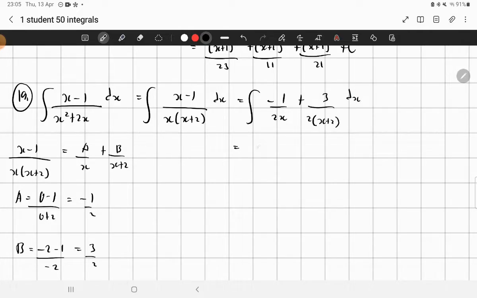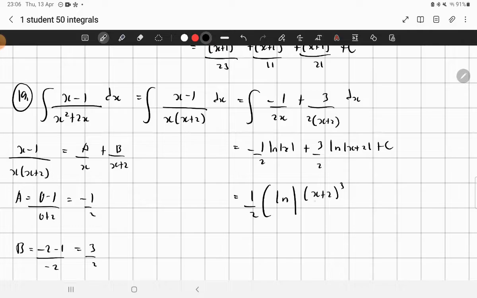So just integrate as usual: negative 1 over 2 ln of absolute value of x, plus 3 over 2 ln of absolute value of x plus 2, plus c. Alright, I could factorize 1 over 2, and by using the properties of logarithm, I will have ln of x plus 2 to the power 3 over x.